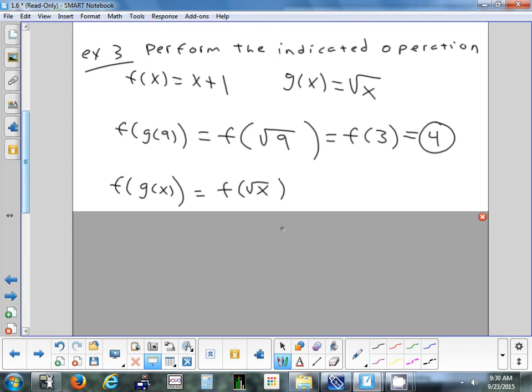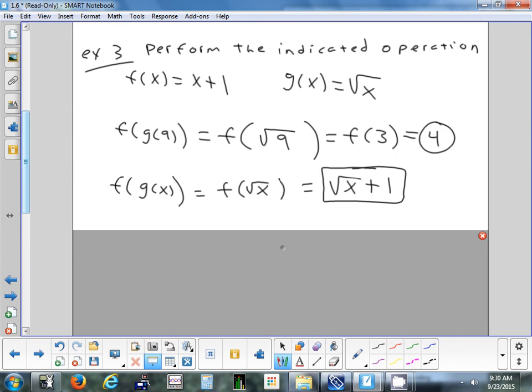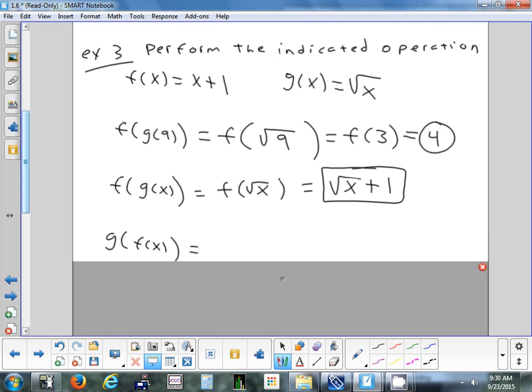So in function f, fill in square root of x for the letter. So we get square root of x plus 1. Okay, don't worry about the domain yet. We'll do some with domain. I just want to practice this a couple more times.